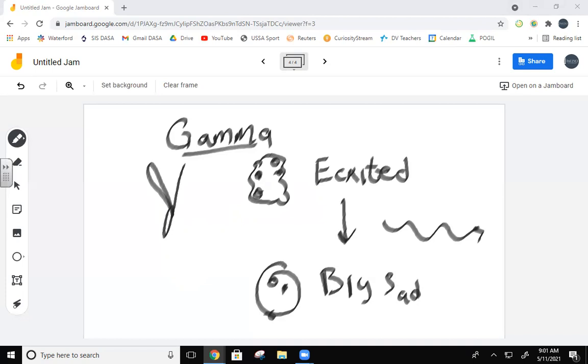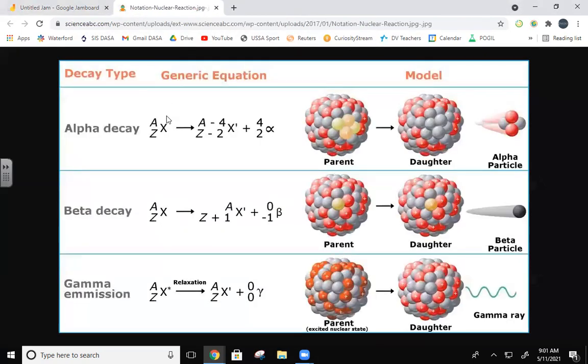So just as a review, we're going to check out this infographic of the three basic types: alpha, beta, gamma. We haven't done a beta example yet, so let's do one of those.